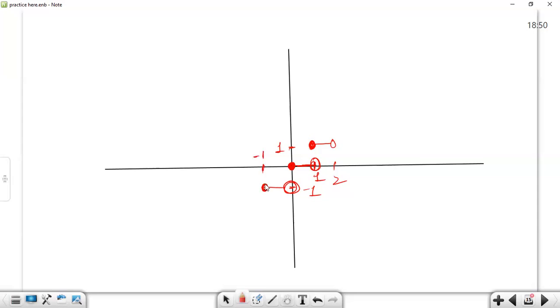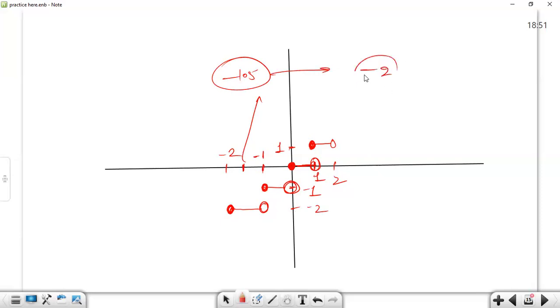Just minus 1. Then again, now let's understand that for minus, let's consider this value. This is minus 1.5. For minus 1.5, our greatest integer function is becoming minus 2.